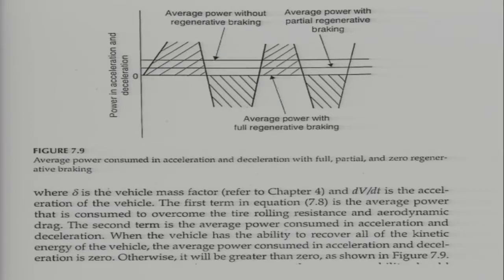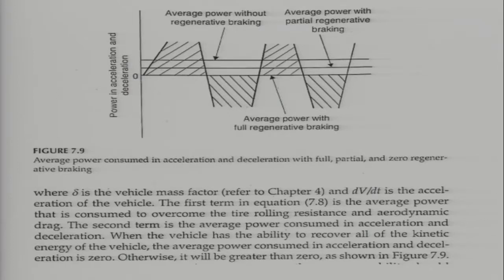When the vehicle has the ability to recover all of the kinetic energy of the vehicle, the average power consumed in acceleration and deceleration is 0. This ability is what we call regenerative braking.